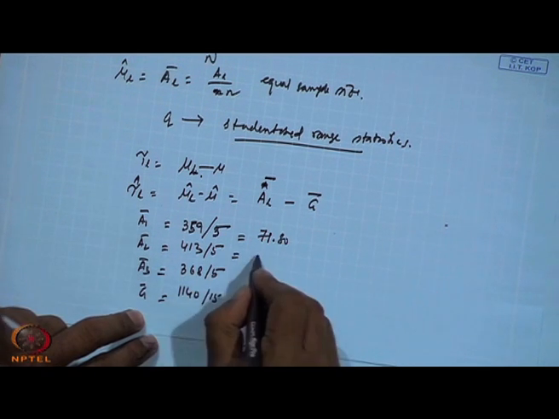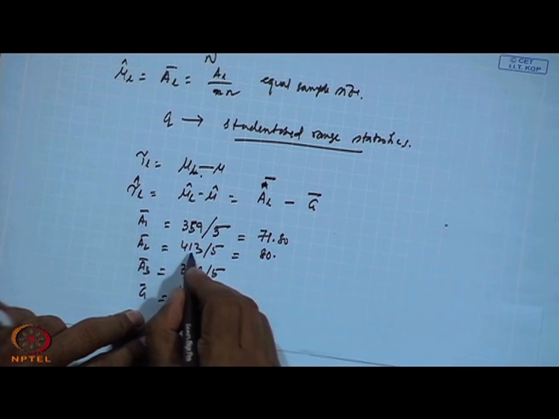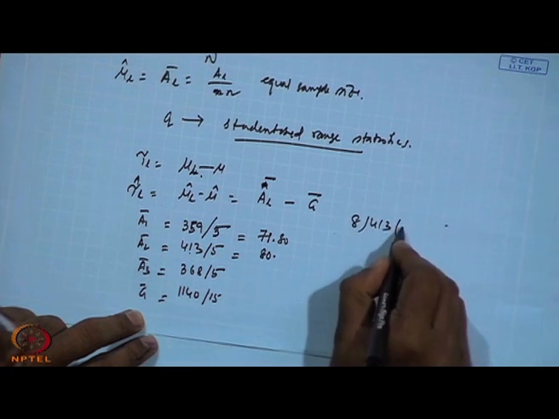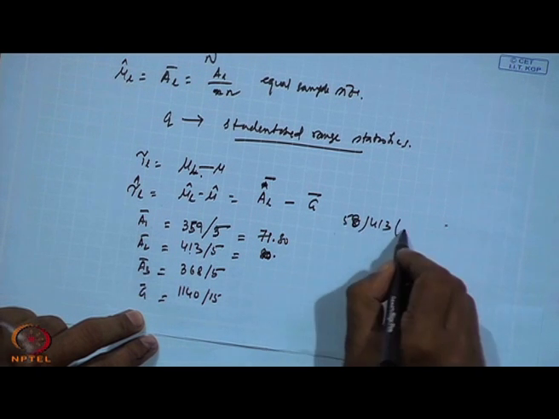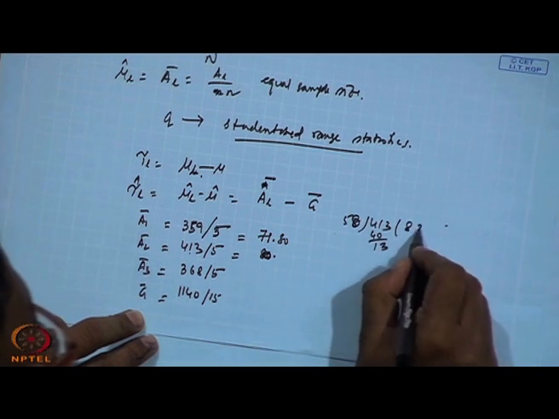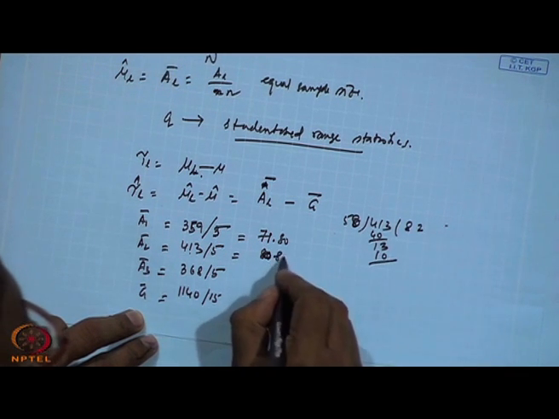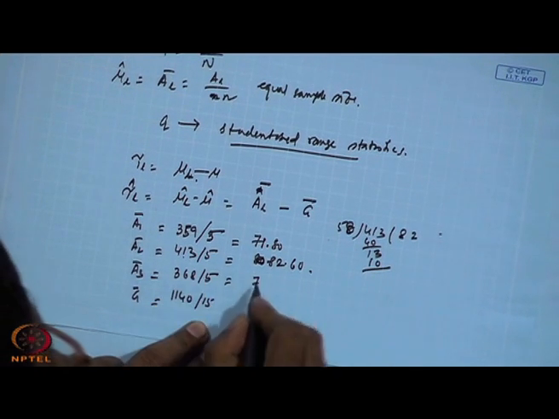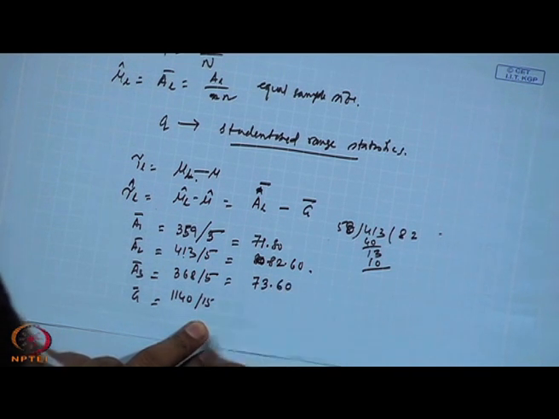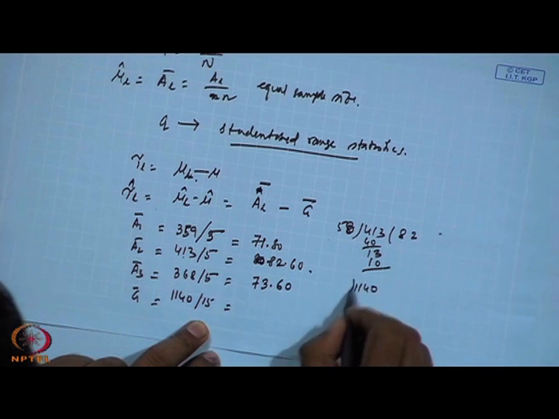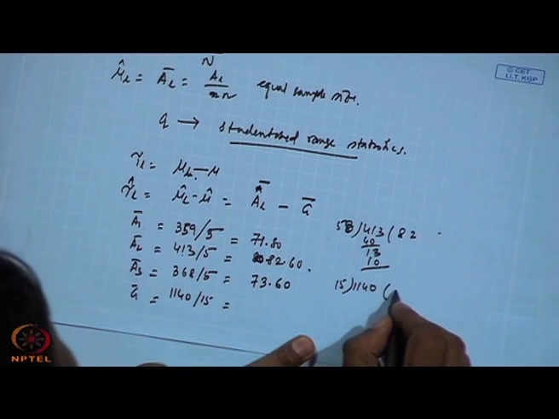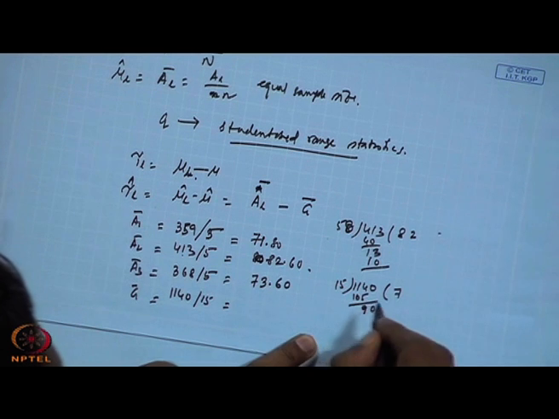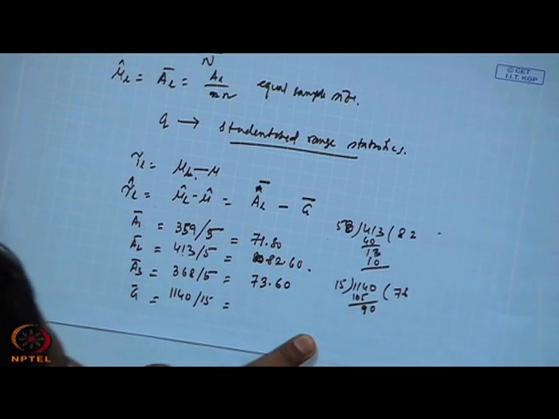The second one, 413 divided by 5, will be 82.60, and the third, 368 divided by 5, will be 73.60. The grand mean is 1140 divided by 15, which is 76.